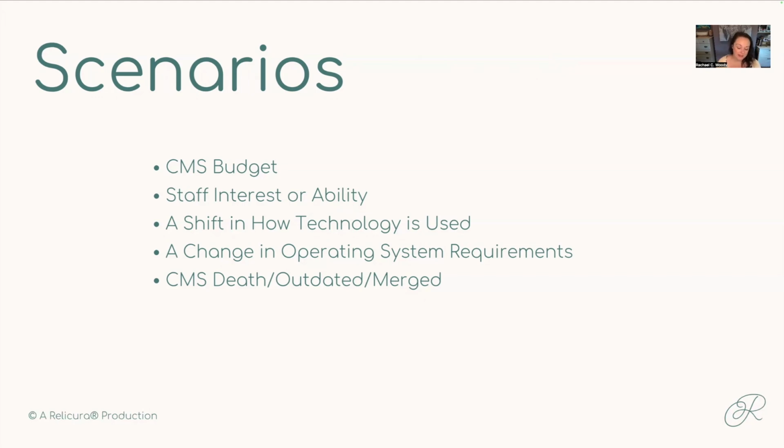And then finally, CMS death, outdated or merged. Throughout the last several decades, we have seen dozens of different archives and museum collections management systems and related tools that have come and gone. That is a normal, natural process for many technology and especially software products.